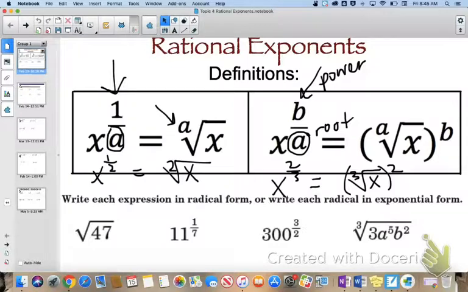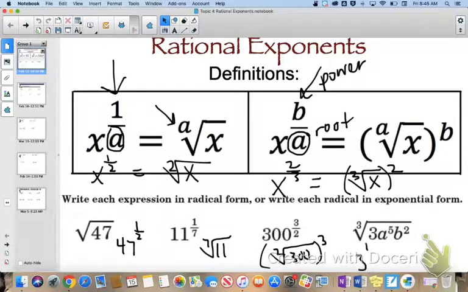So when it's the square root of 47, that is 47 to the 1/2. 11 to the 1/7, that's the 7th root of 11. 300 to the 3/2 means you do the square root of 300, and then you cube that. The cube root of these ones. Okay, so here it's going to be 3 to the 1/3 because it's a cube root of 3.